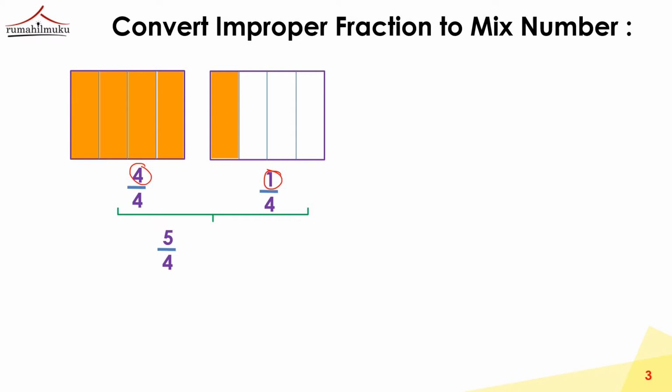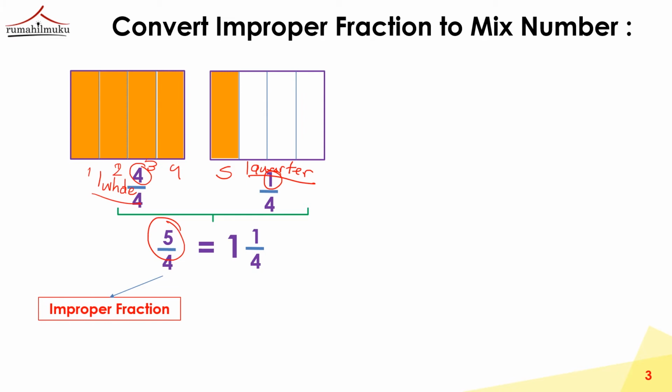So 5 quarters, we have 1, 2, 3, 4, 5. Or we can also say this as 1 whole and 1 quarter. So 5 quarters is equal to 1 whole and 1 quarter. 5 quarters is the improper fraction because the numerator is bigger than the denominator, and 1 whole and 1 quarter is the mixed number.